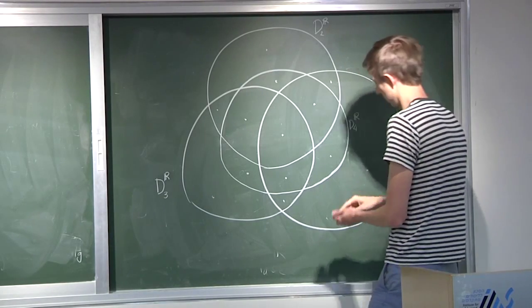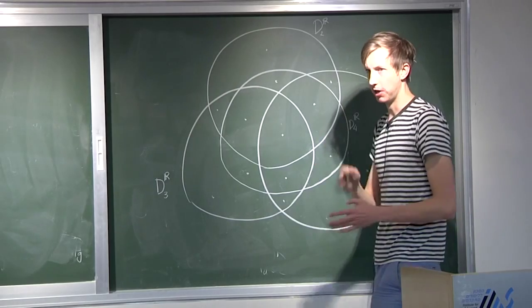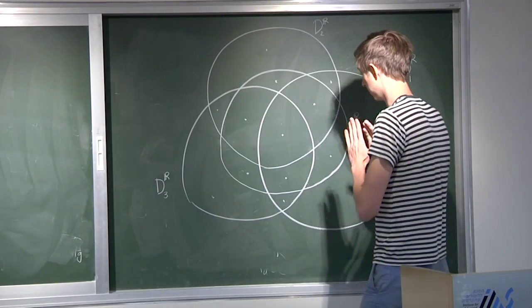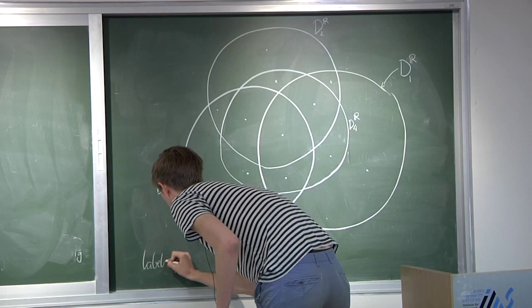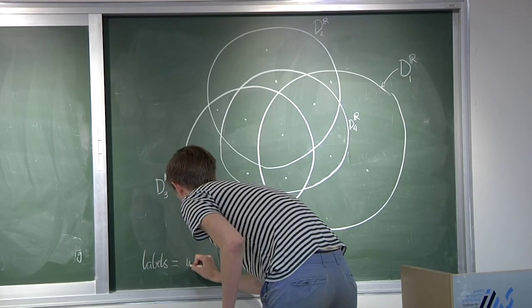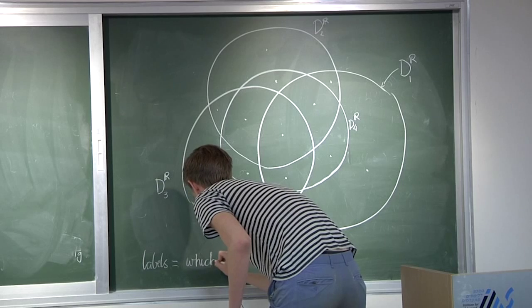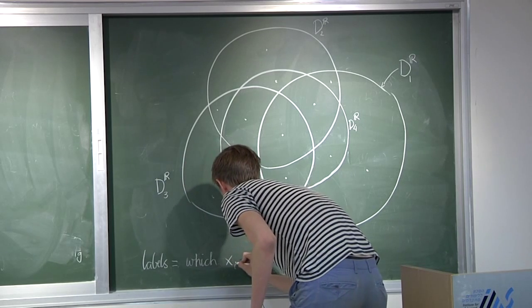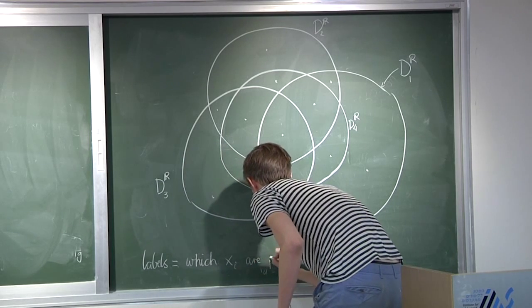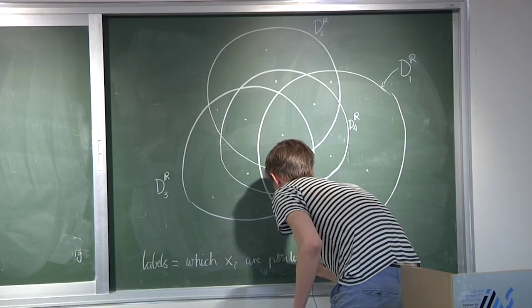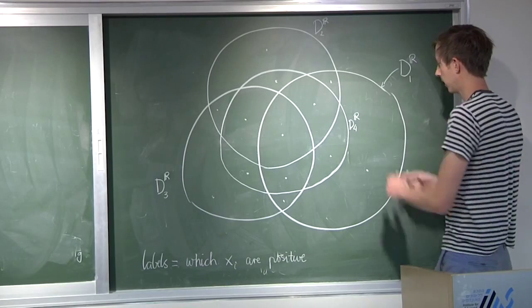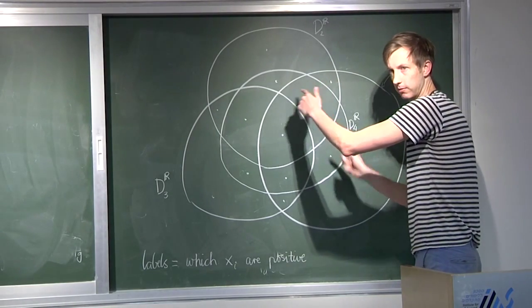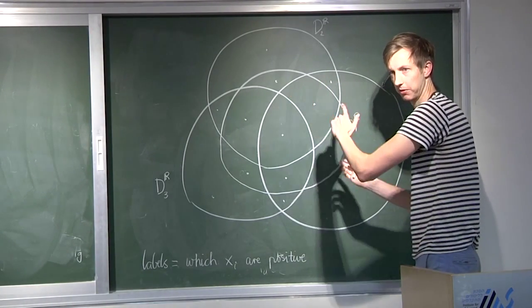We can label the regions by which variables are positive in that region. So the hyperplanes correspond to where the variables are 0.